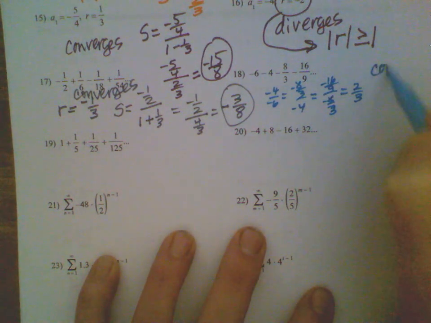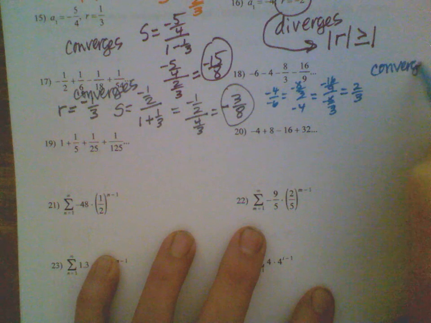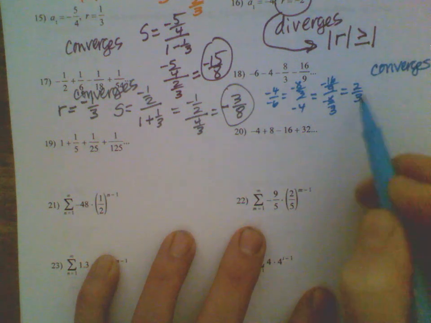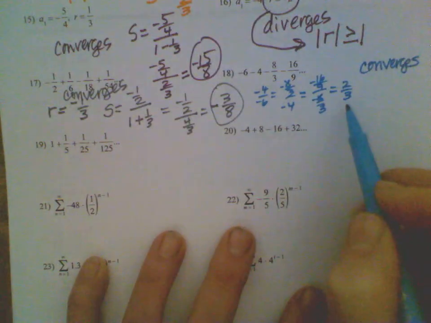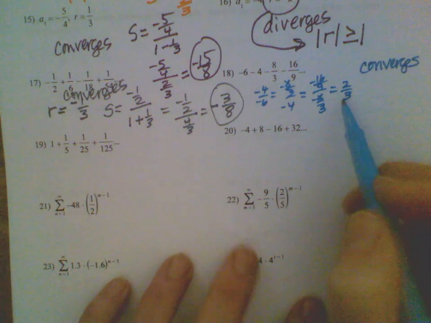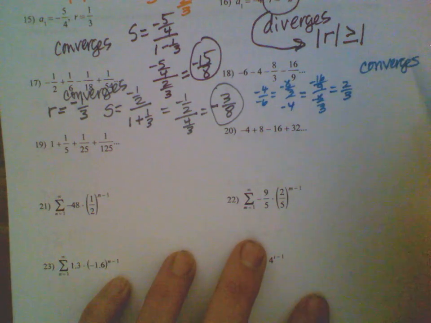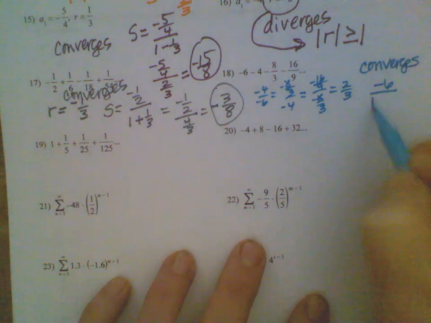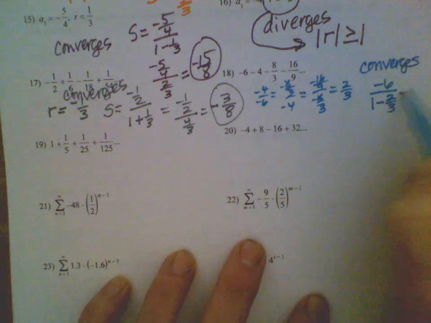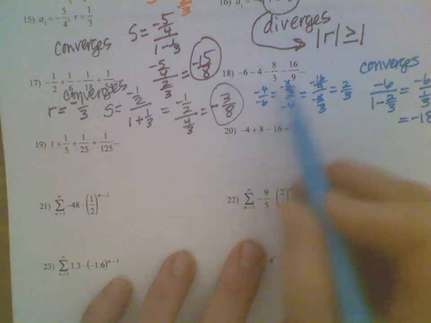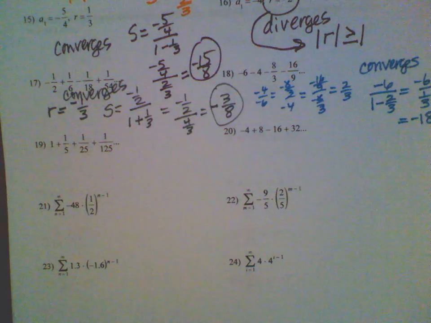That means that this is geometric, and absolute r is less than 1, so it converges, and it converges to the sum. The sum is negative 6 over 1 minus 2/3. That is negative 6 over 1/3, or negative 18. That one looks sort of familiar. I think we did that in yesterday's notes in the packet.